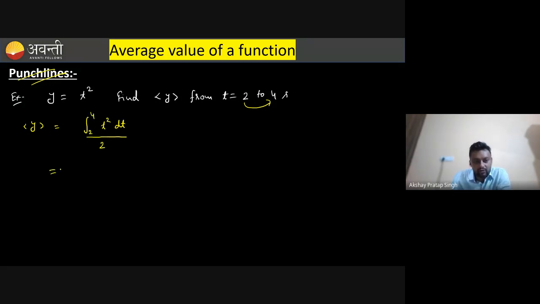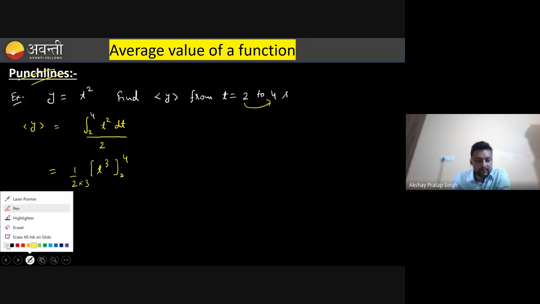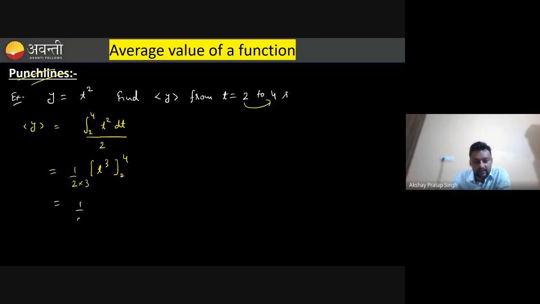I hope everybody knows the integration of t²: 1 by 2 is already there, this 2 is already there, I have written it here. The integration of t² is t³ by 3. The limit is 2 to 4. So what it will become ultimately, that is 1 by 3 into the upper limit minus lower limit, that is 4³ minus 2³, 64 minus 4, that is 60.